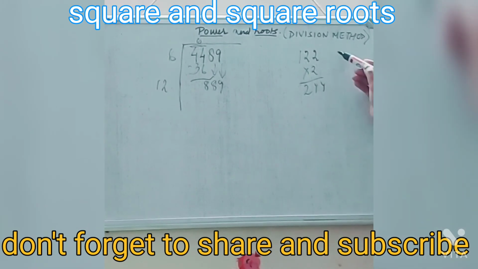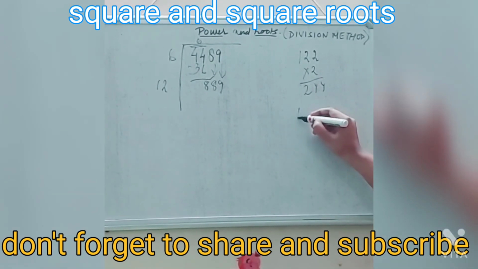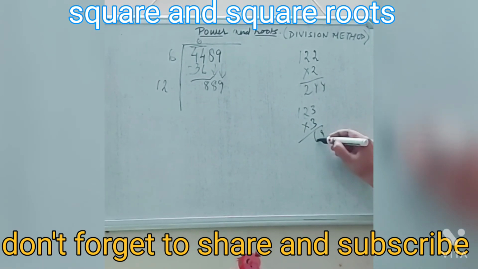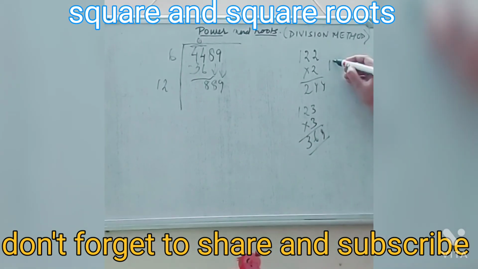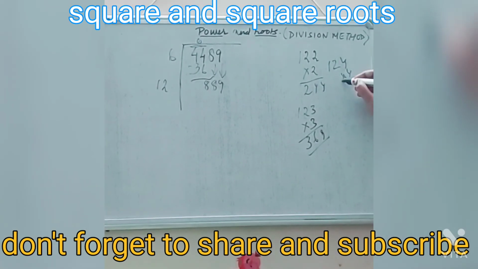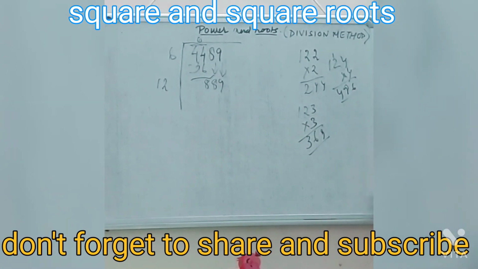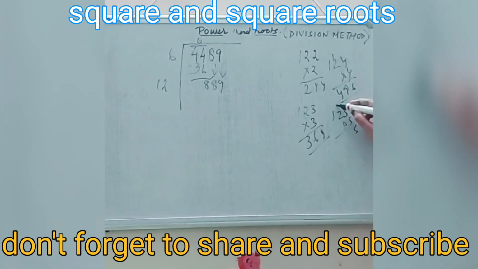Now, we have seen that 122 into 2, that is 244, is very lower than 889. So 123 into 3, that is 369. Again very lower. 124 into 4, that is 496. We have to go a bit higher. 125 into 5, that is 625.